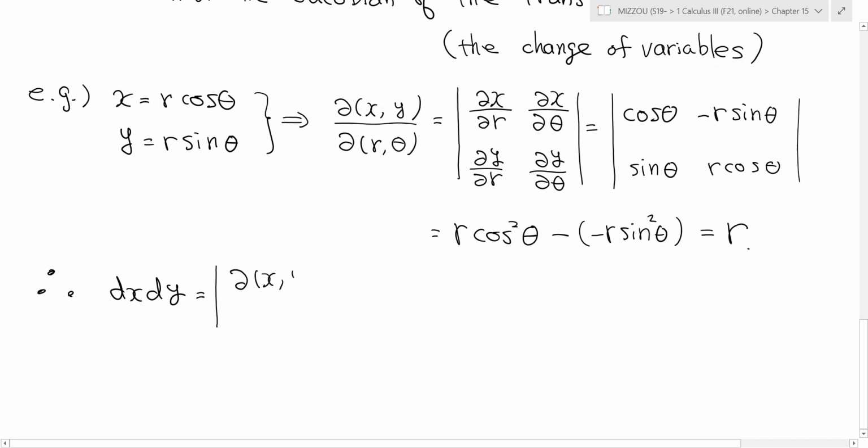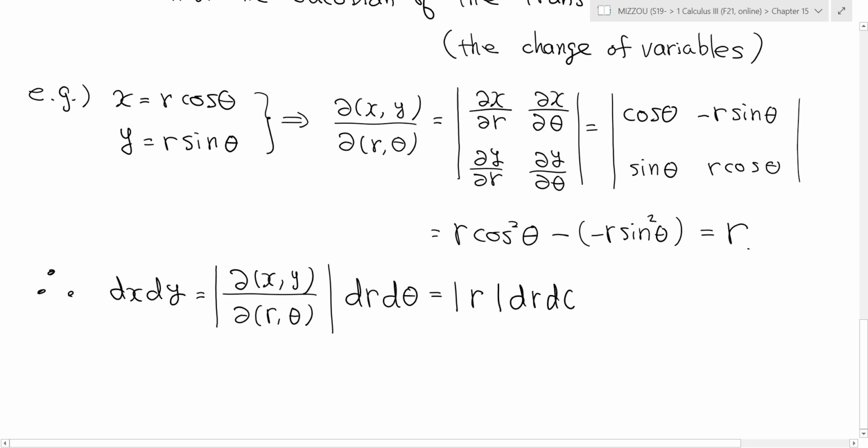But anyhow, that is the absolute value of r dr d theta. But r is always non-negative, so the absolute value is just r, and it becomes this.